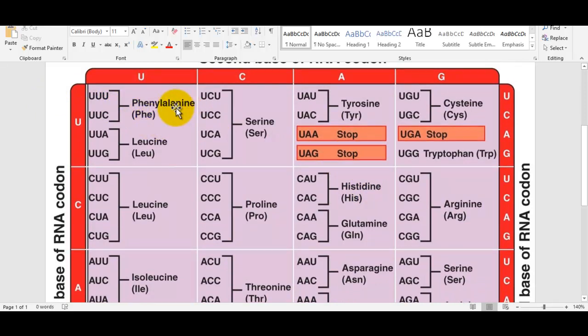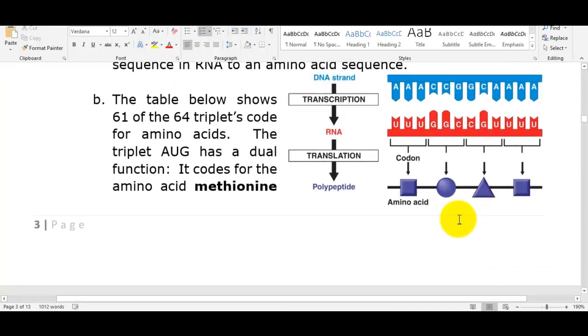There's phenylalanine. So what's going to happen is there's actually another form of RNA whose sole job is to go out and attach to these amino acids and bring them back to the ribosome during the whole process of translation. And that's what that is showing. So see, with each section of three, each codon, you get the corresponding amino acid. GGC.